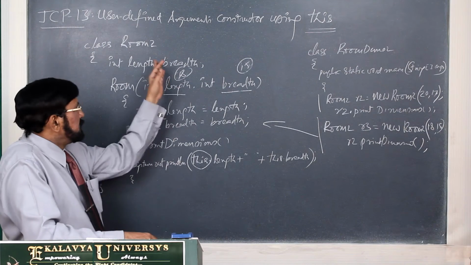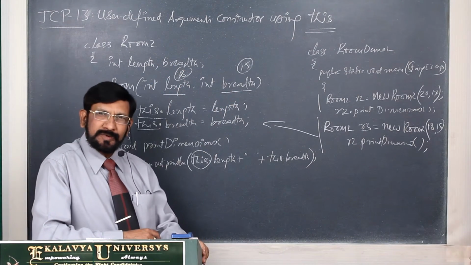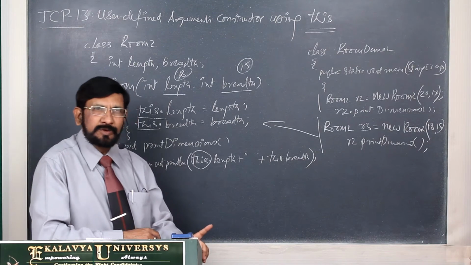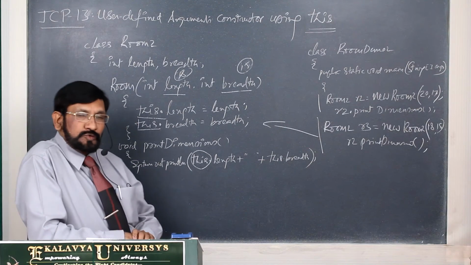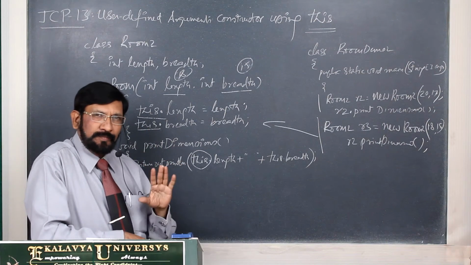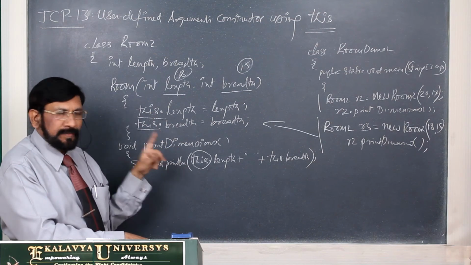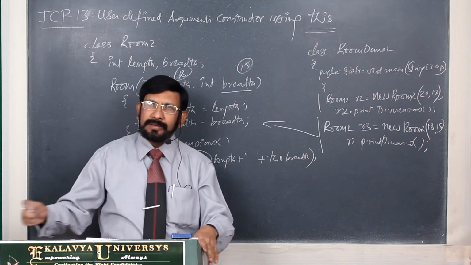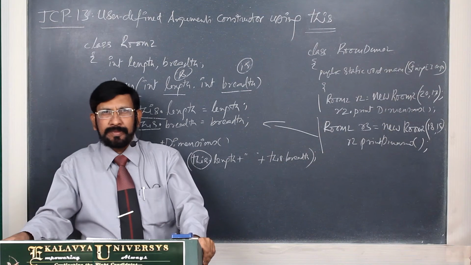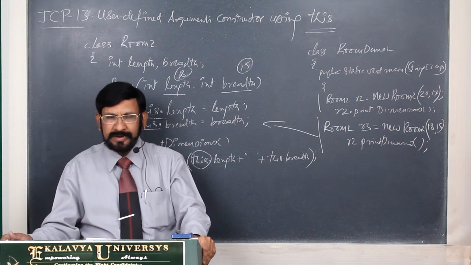Simply use the same names as the instance variables for the constructor. This is also a user defined arguments constructor using this. Hereafter you will find this in all our programs. And about this, many other features I have to explain in detail in one of the concepts of JCP.